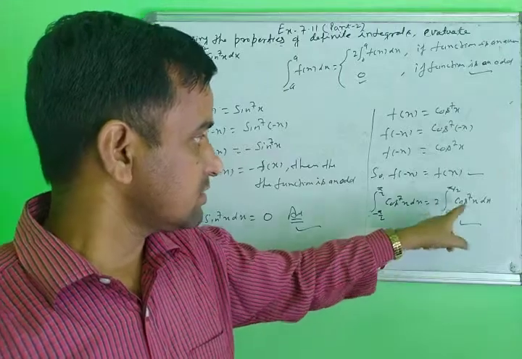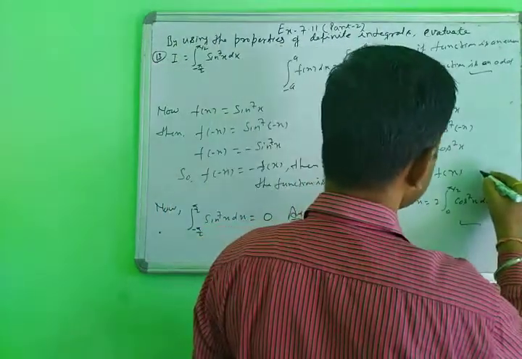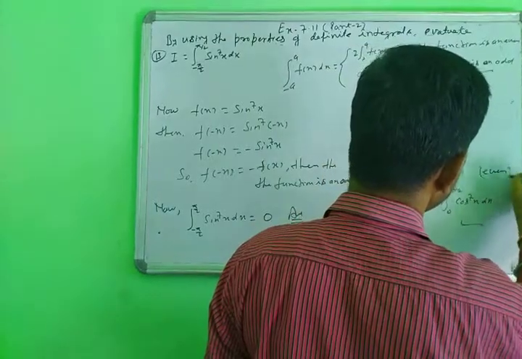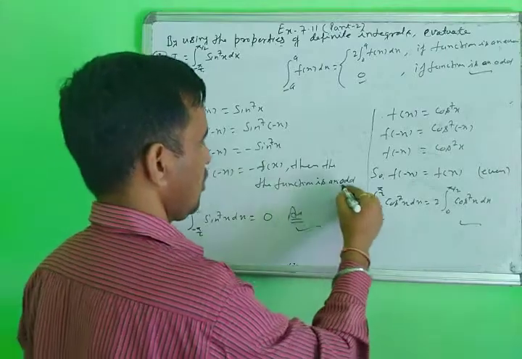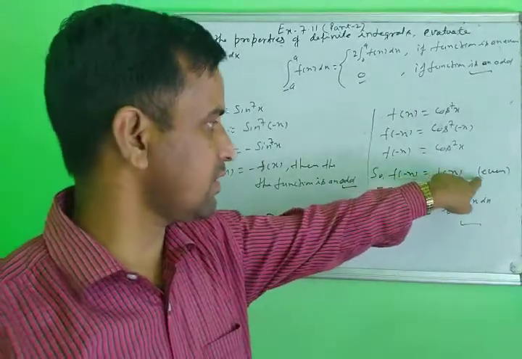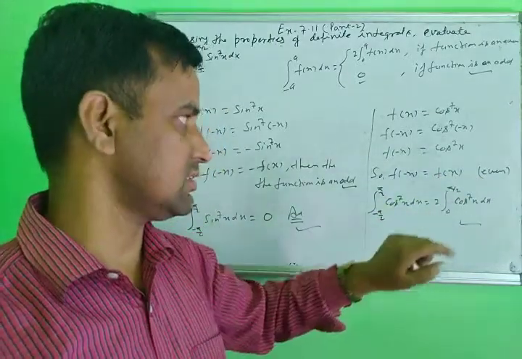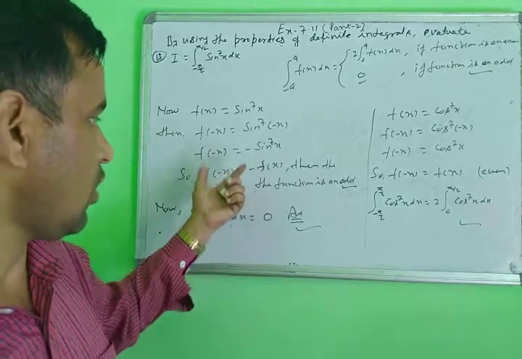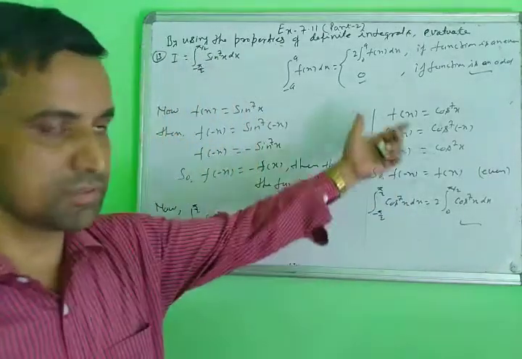This function is the even function. When the function is even, you can integrate it and get the answer, but when your function is the odd function, the result is 0. This is the second option.